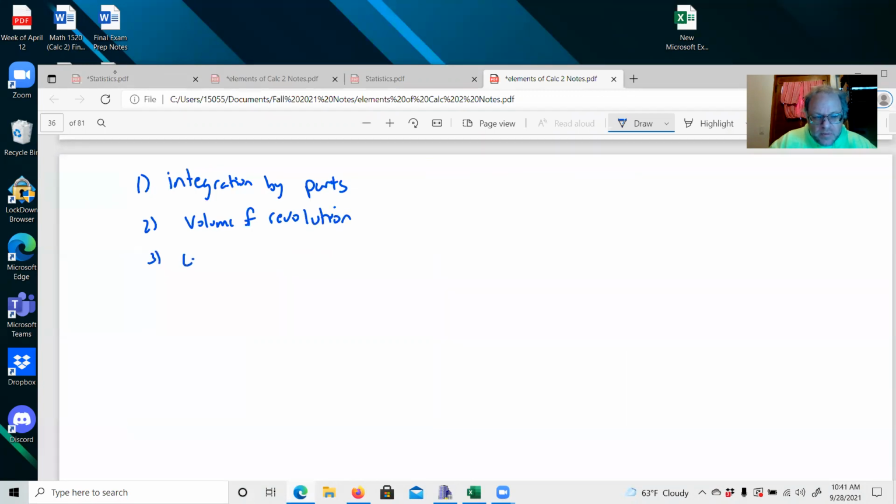Question 3 is L'Hopital's rule. And question 4 is improper integrals. Let me pause this for a second and get some problems here.